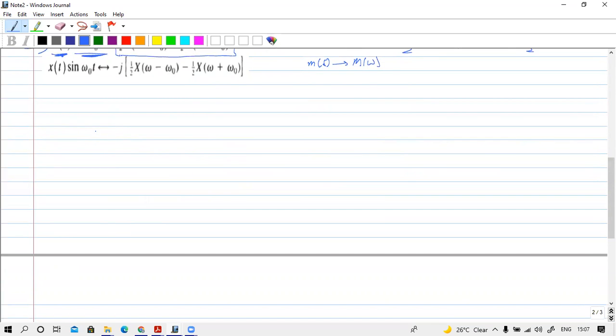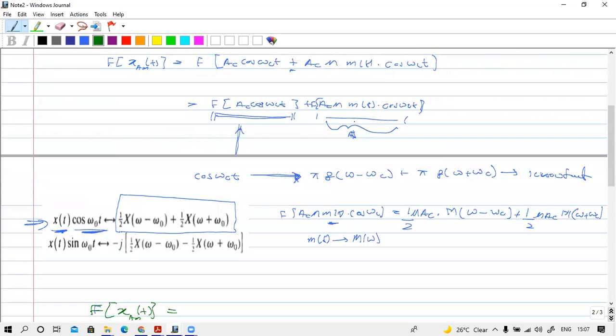So if we get the Fourier transform of x_AM(t), for this signal we will get these two terms.